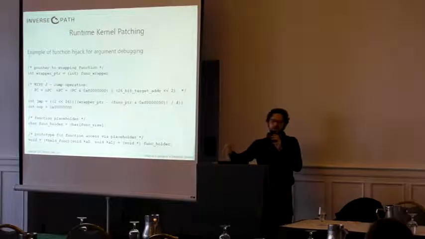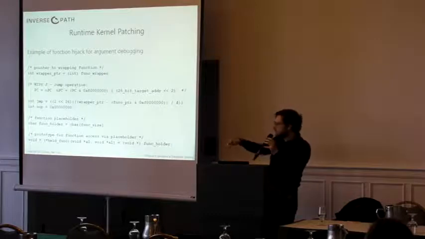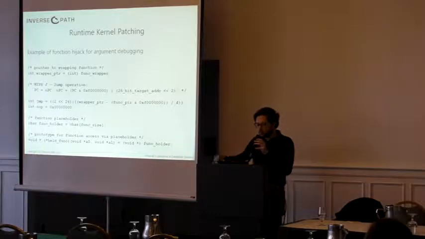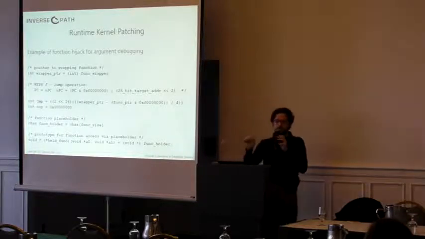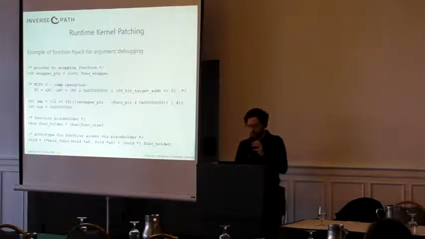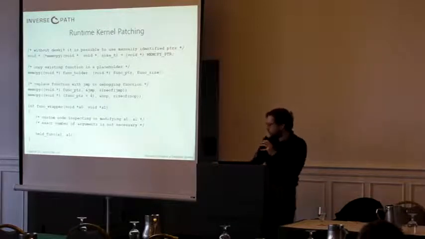Because of the way the arguments are pulled and pushed from the stack in most architectures, even overshooting the number of arguments that you're putting in your placeholder will not affect the code. And this is critical. It means that you can really inspect how many arguments the function is getting without affecting its operation.